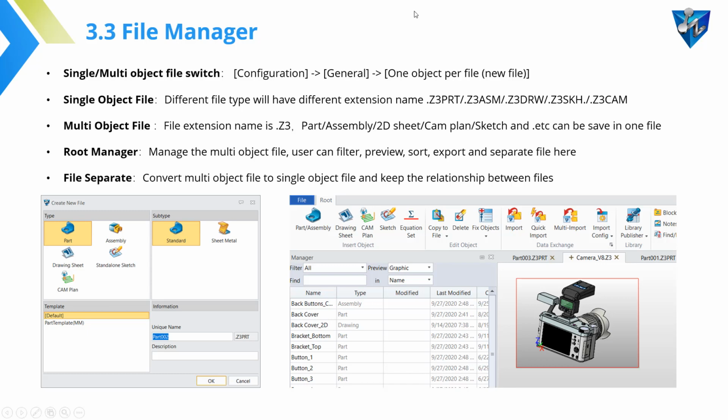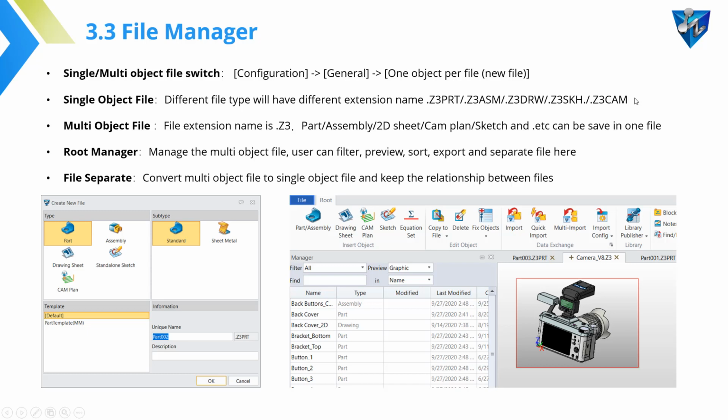For example, for the part object, the extension will be Z3PRT, and for the assembly file, it will be Z3ASM. And also, for 2D sheet, it will be Z3DRW, and 2D sketch, Z3SKH. And moreover, for the CAM file, the extension name will be Z3CAM.